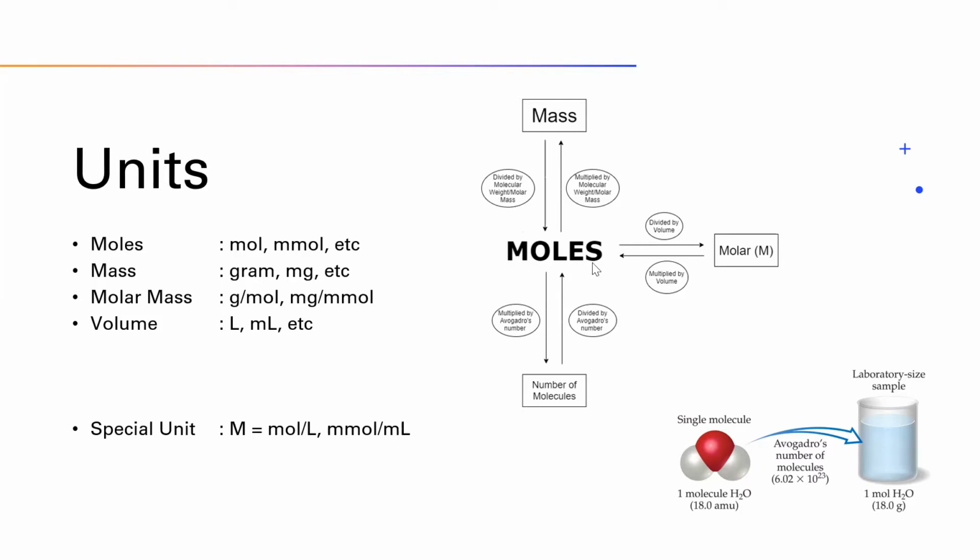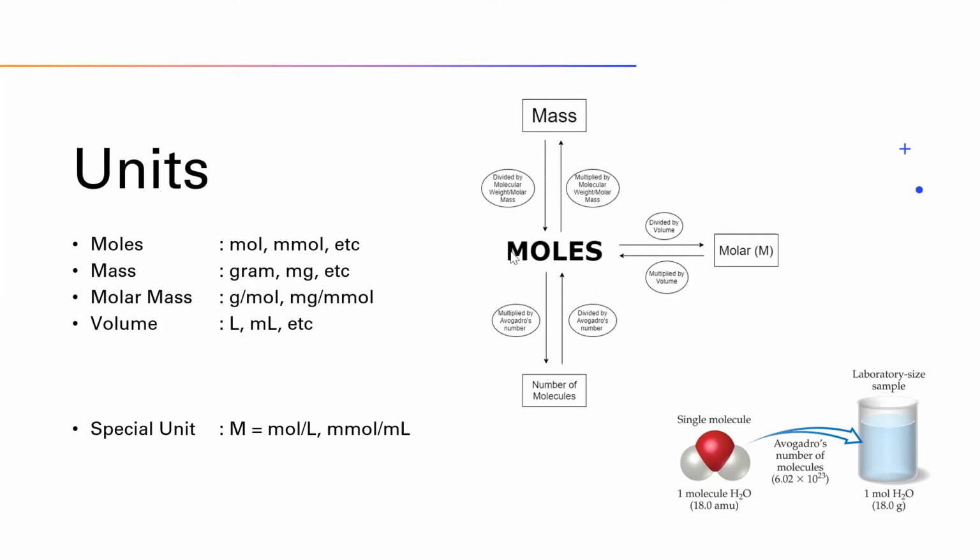And when we want to convert moles to molar, we have to divide it by the volume, and vice versa. When we want to convert molar to moles, we have to multiply it by the volume.